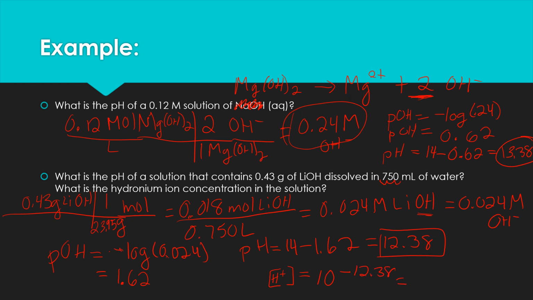So 10 to the negative 12.38, and we're going to get 2 sig figs. So 4.2 times 10 to the negative 13 molar. That is our concentration of the hydrogen ion. Since we have so much hydroxide, it's going to shift that equilibrium of our hydrogen and reduce it down. So that's how we can find pH, pOH for our bases.